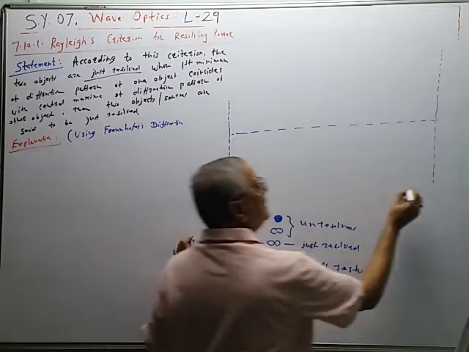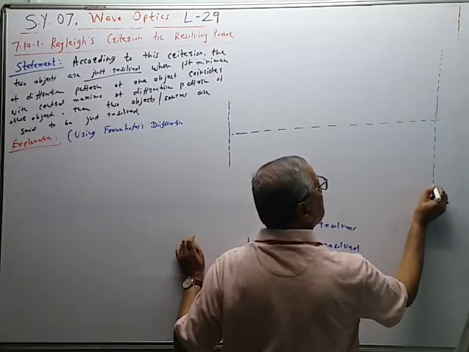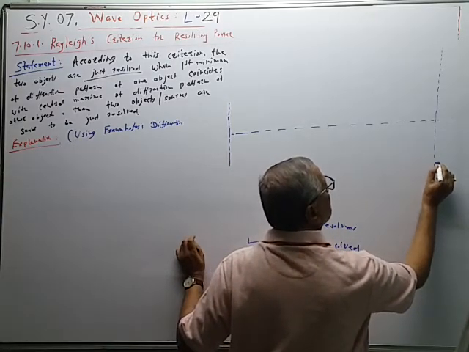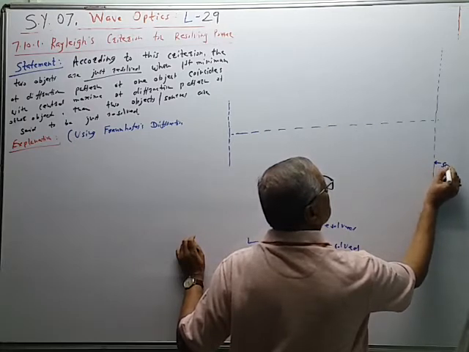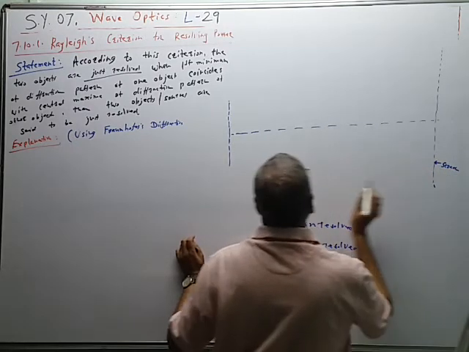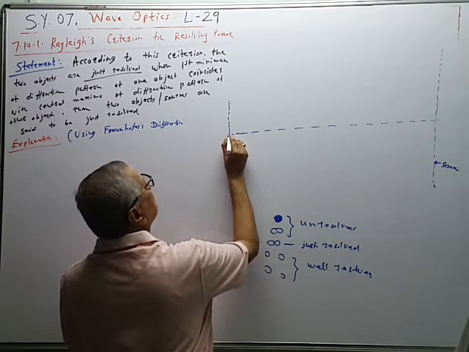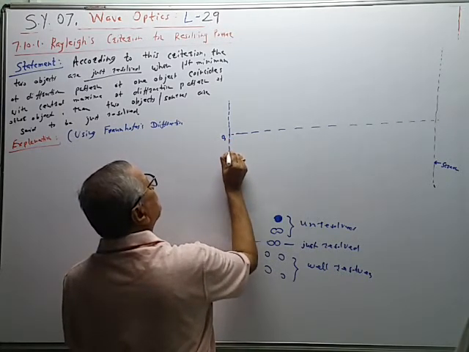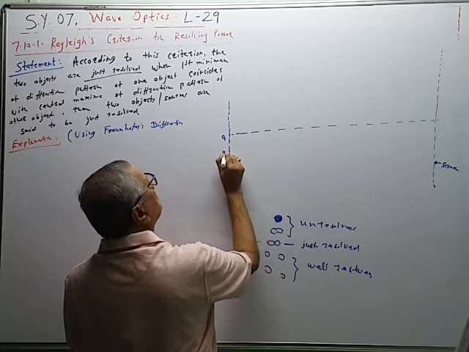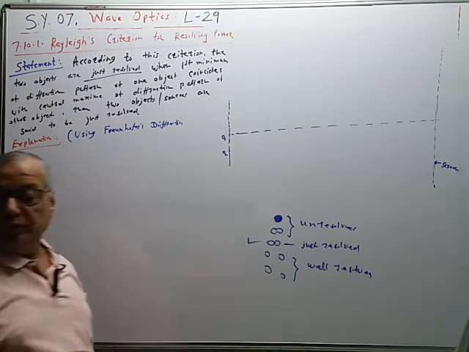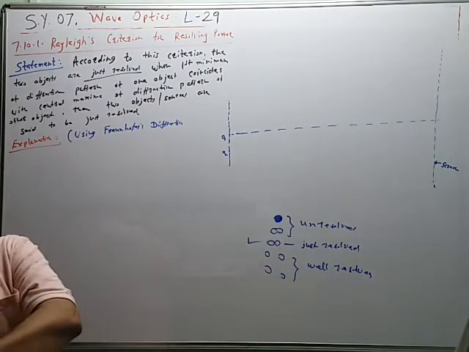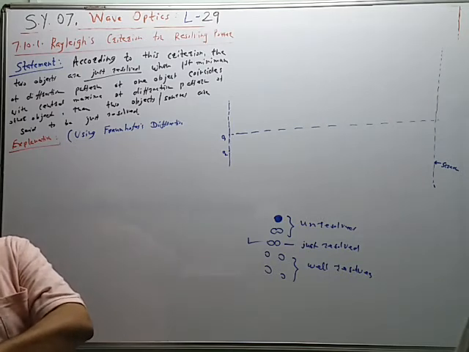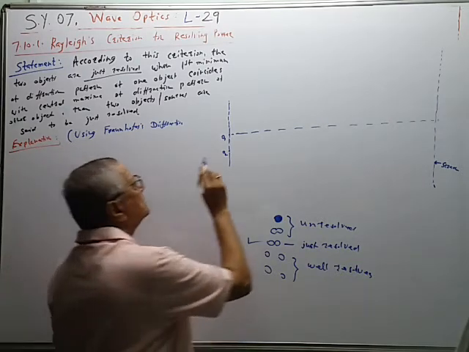So this is the screen. This is the object O1, object O2, O1 and O2. They are separated by some distance.